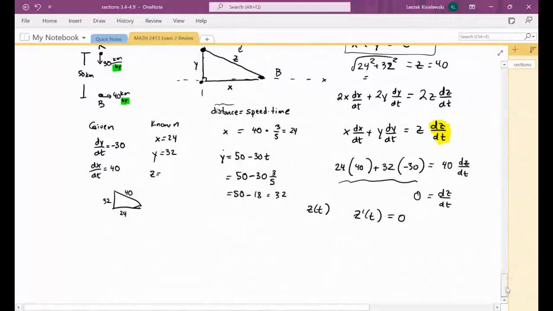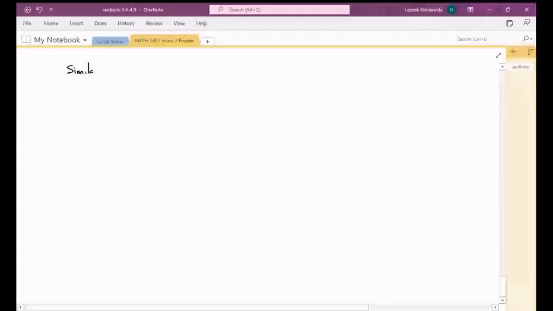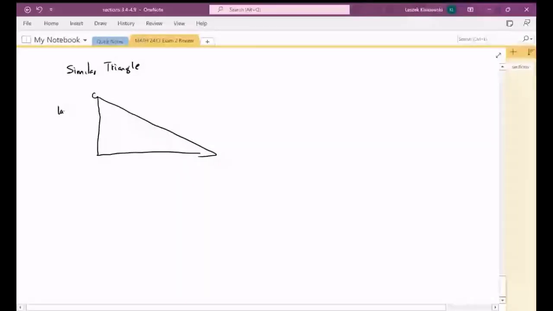So another thing that you'll probably see is similar triangles, right? Have you seen this problem in class or in the text? You have a lamp post, and you have some person.